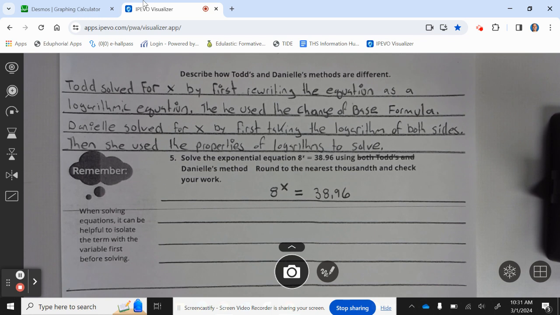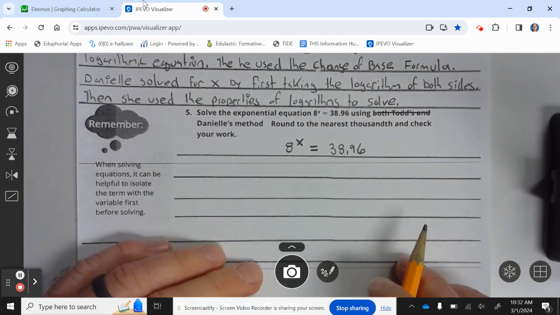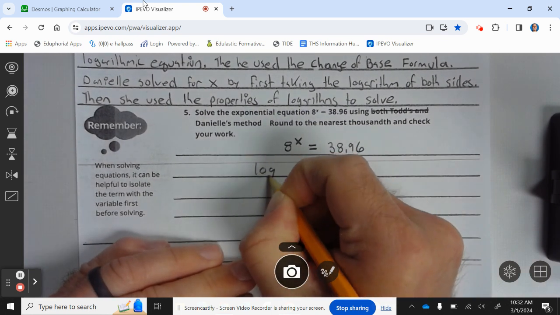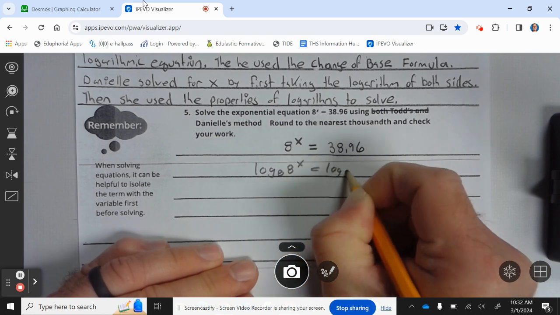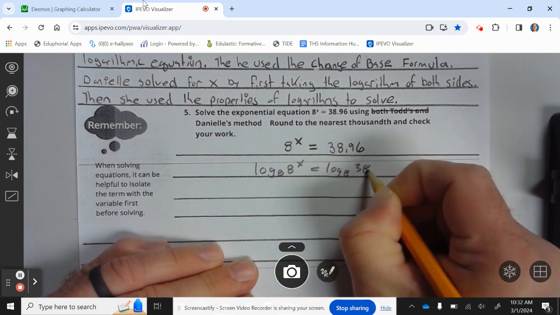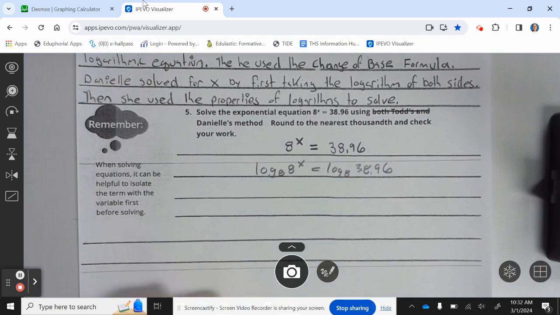5. Solve the exponential equation 8 to the x equals 38.96 using Danielle's method. Round to the nearest thousandths and check your work. Okay, so we're going to take log base 8 of both sides. Well, that cancels.